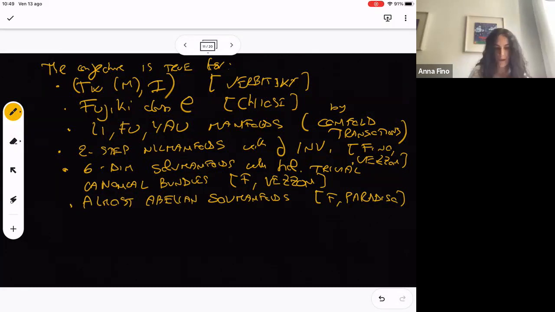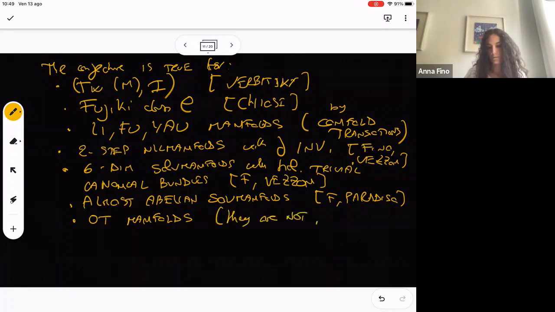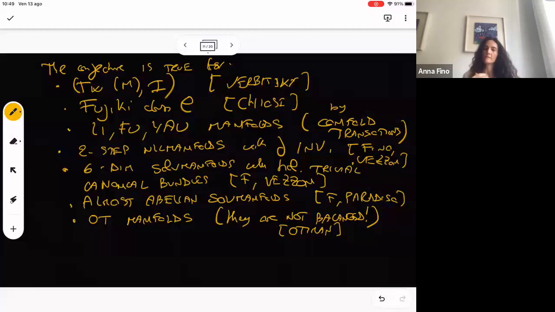And then also, the OT manifolds: yesterday in the lecture by Alexandra, she mentioned the construction of OT manifolds, and she mentioned that they are not balanced. This is shown by Alexandra and Ottina. So also in this case, another example, because recently there were other constructions of balanced metrics all the time. So probably yes, the conjecture is true in general, but we don't know how to prove it.